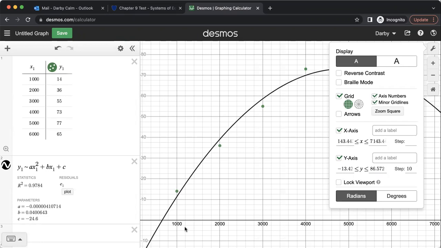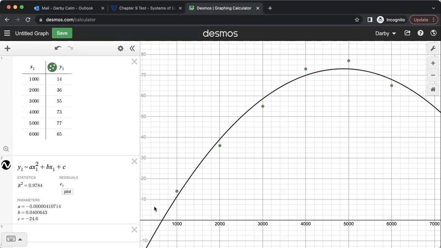And on the X axis, it goes up through 6,000, so you can change it to be from 0 to 7,000. That will make it so you can see everything within your field of vision on this graph.